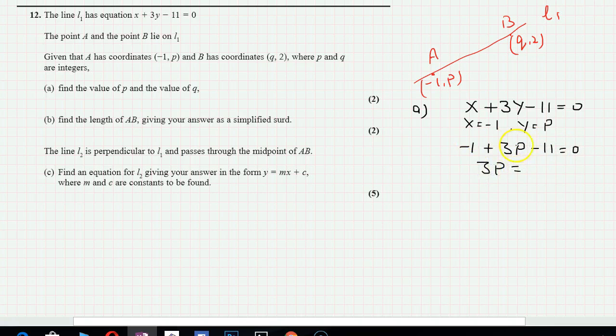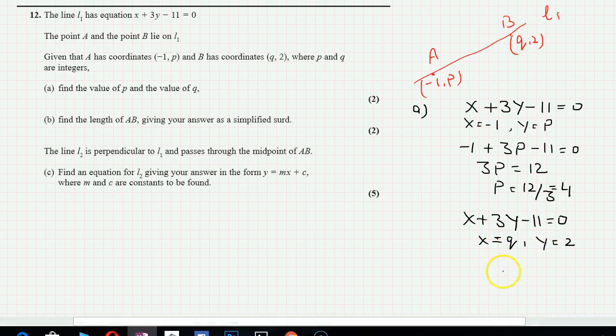3p is equal to 1 plus 11, which is 12. So p will be 12 over 3, that is 4. So the value of p is 4. Now the same equation, x plus 3y minus 11 is equal to 0. Now we put x is equal to q and y is equal to 2, because these points are on this line, so they will satisfy this.